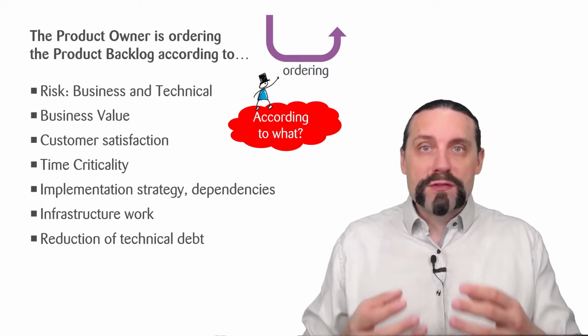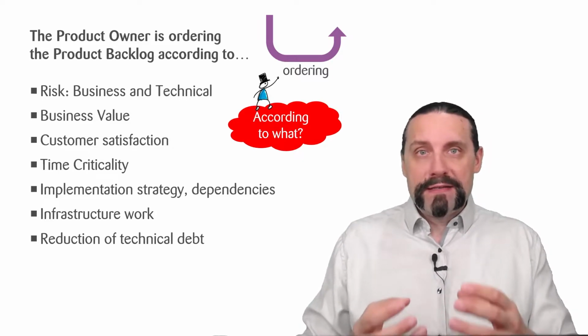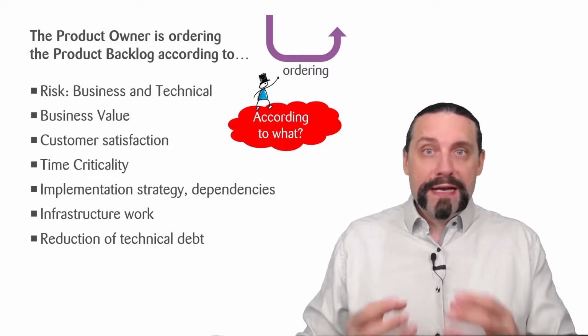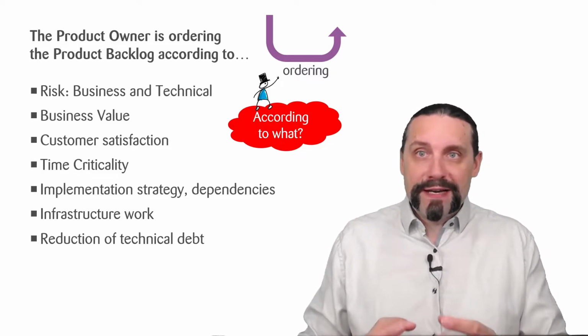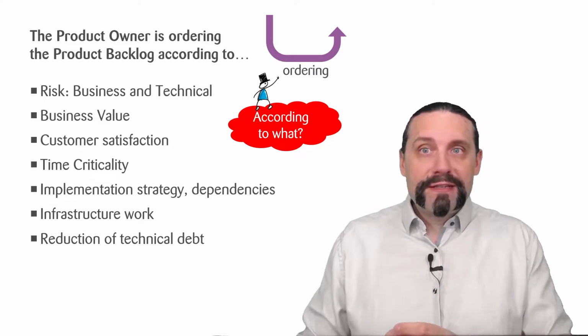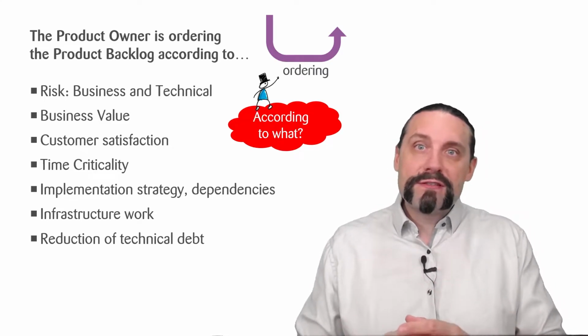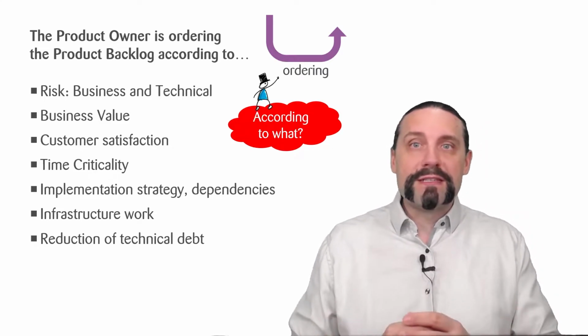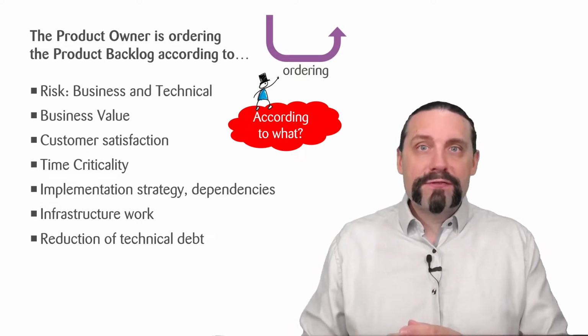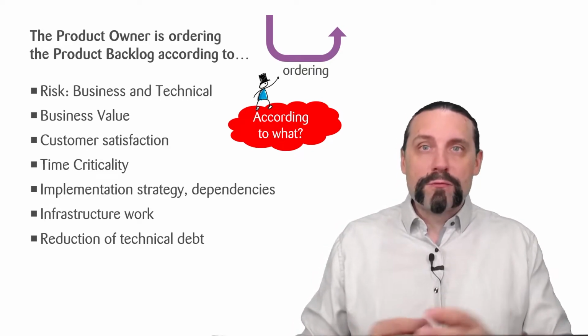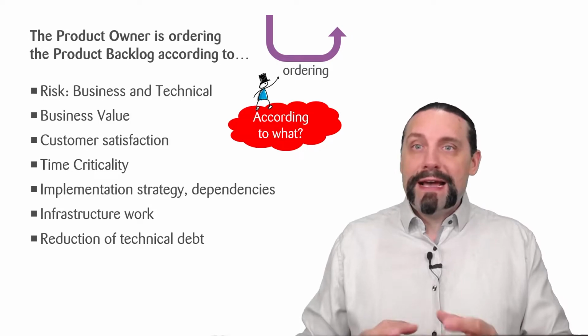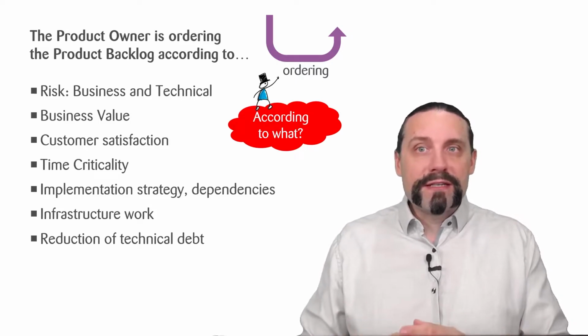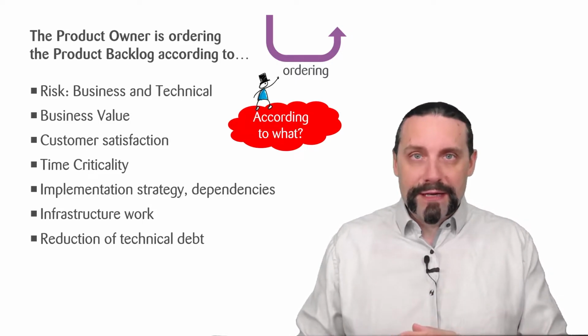Of course, business value also plays a central role, and also the customer satisfaction. Also time criticality, implementation strategy, and of course also the dependencies. Infrastructure work is also one big driver, and of course also the reduction of the technical debt.